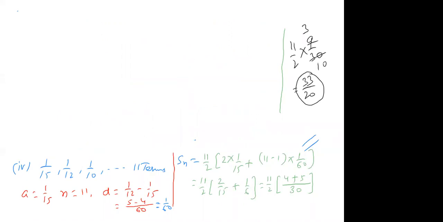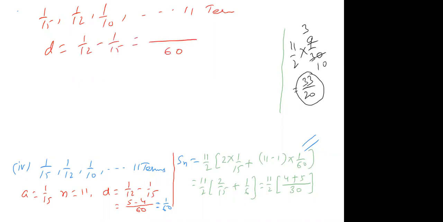Look here now. 1/15, 1/12, 1/10, 11 terms. D is equal to 1/12 minus 1/15. What is the LCM? 60. So 60 by 12 is 5, 60 by 15 is 4. So 5 minus 4, D is 1/60.